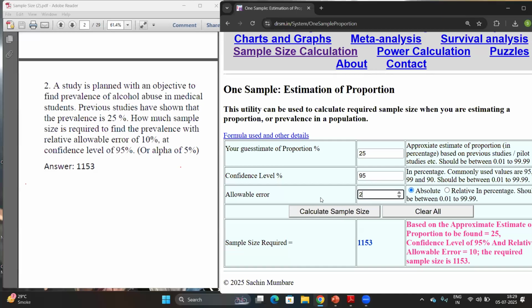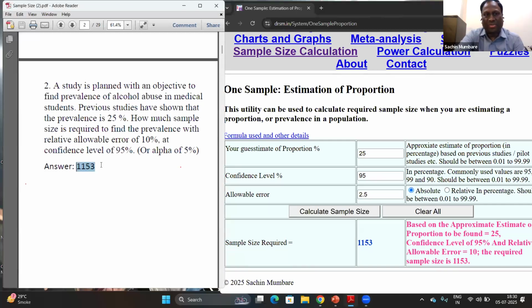So we'll check how much sample size is there if we select absolute allowable error and put the allowable error as 2.5. With the relative allowable error of 10, the sample size was 1153. We'll see what happens here. Here also the sample size required is exactly the same. So you understood the concept of relative and absolute allowable error?